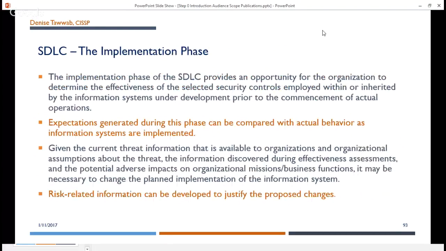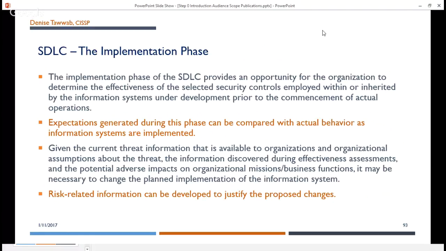All right, the implementation phase of the SDLC provides an opportunity for the business to determine the effectiveness of selected security controls employed within or inherited by the information systems under development before going live with those systems.